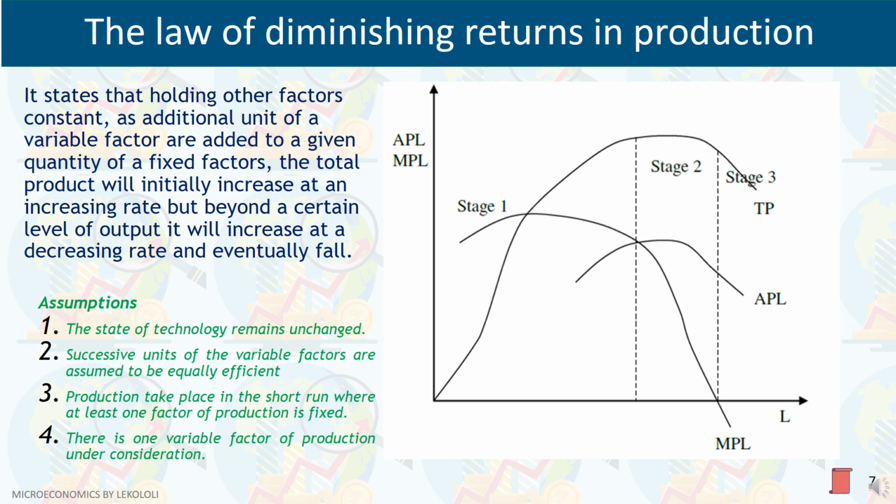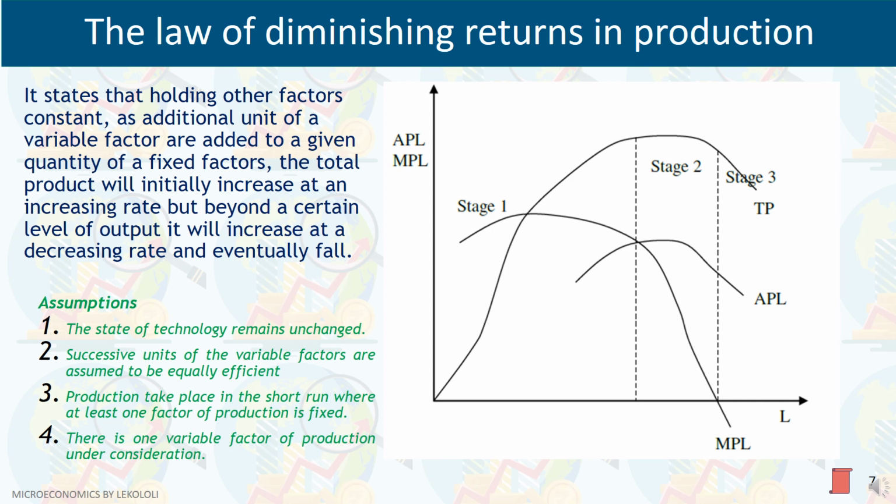In stage 3, there is negative return to the variable factors. In this stage, things take a downturn. The marginal product becomes negative, and as a result, your total output starts to reduce. This stage represents extreme inefficiency. It is like your factors of production are getting in each other's way, leading to conflict.